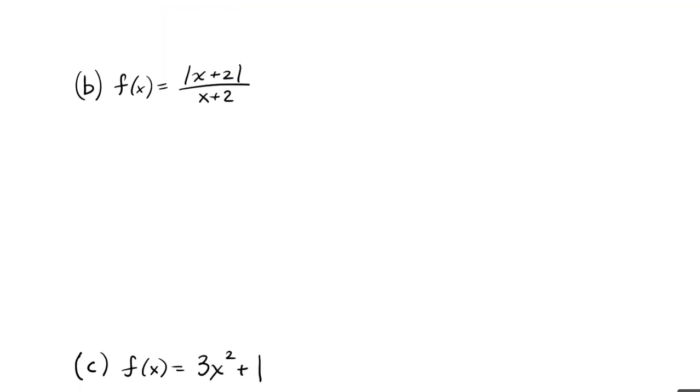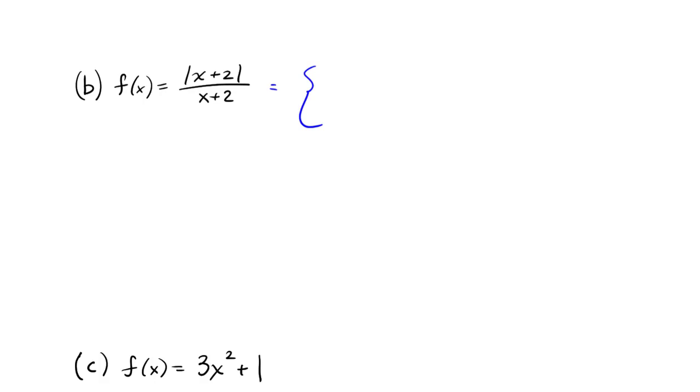Let's move to the next one here. Okay, f of x equals absolute value of x plus 2 over x plus 2. I probably want to see this function out of its absolute value form.